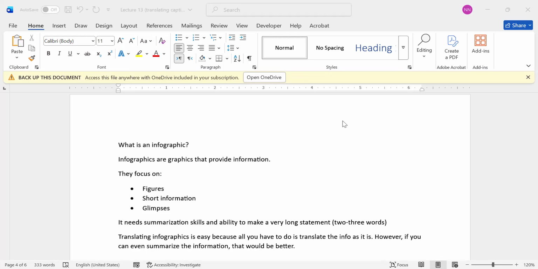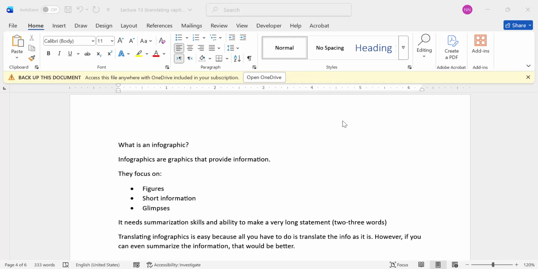So an infograph usually includes words, a very limited number of words, supported by symbols, pictures, icons, anything that is basically used as a visual. So it's something visual plus written in order to provide complete information. Let's see how that works.